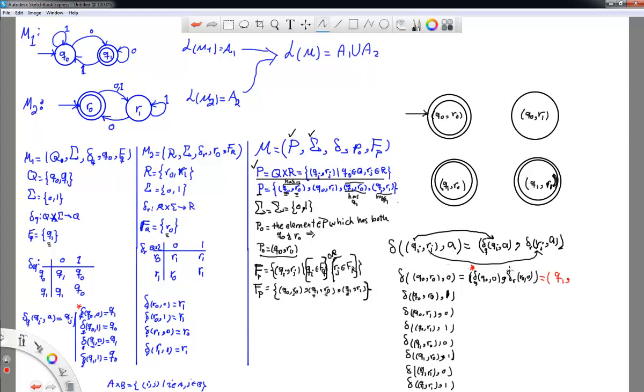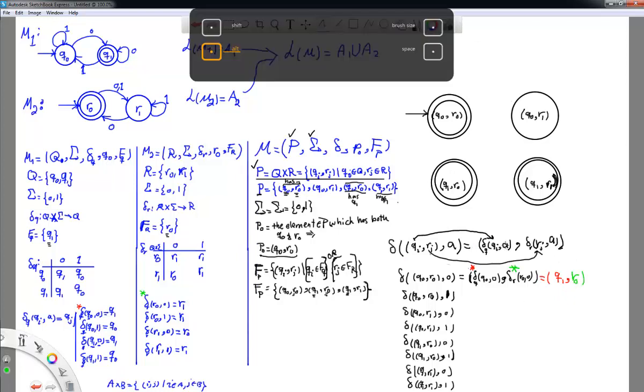And then let's put another, oh, I don't know, like a green star for this guy. So what is this one then? Delta R of R sub 0 and 0 is this, which is R sub 1. So this is going to be R sub 1.